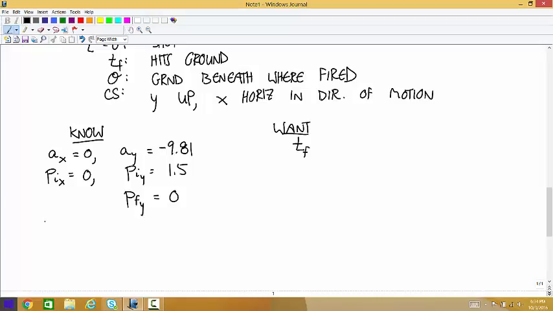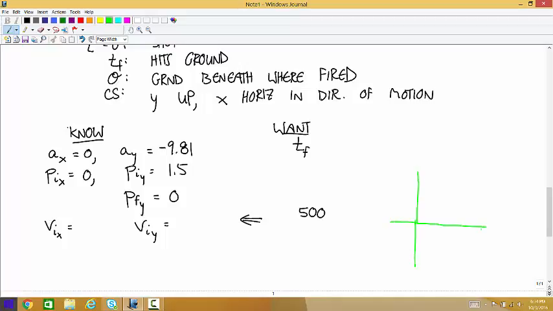Initial velocity. We know both of these, and we can get them from the fact that we know the speed is 500, and the angle, the counterclockwise angle from the positive x-axis to the velocity vector.